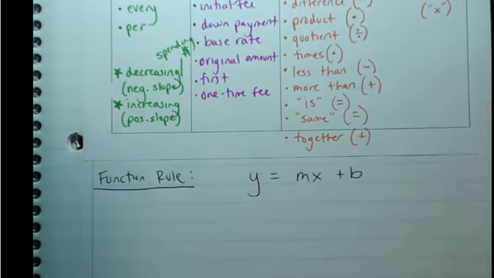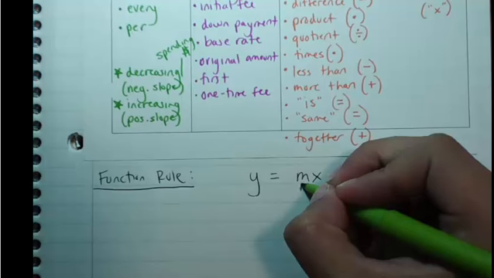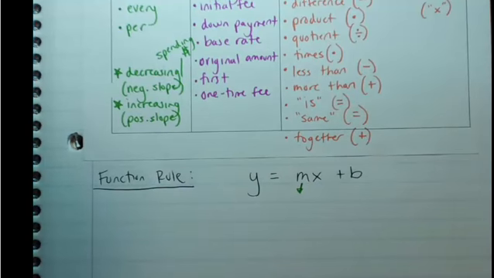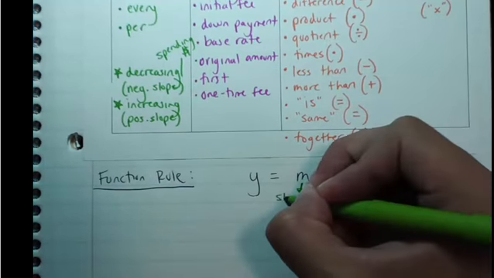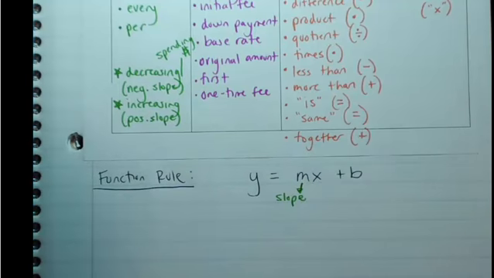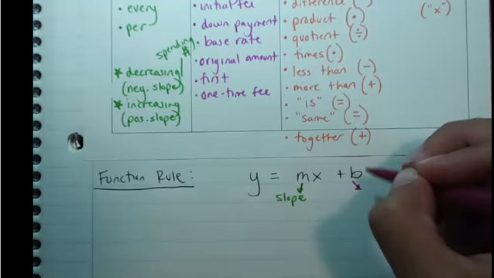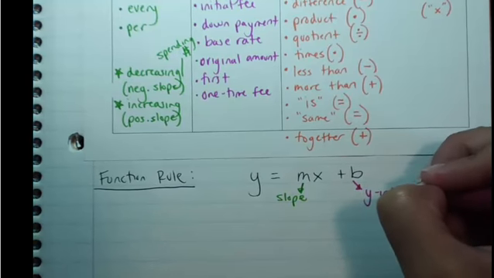This is the function rule that we're going to be focusing on now. And if you recall what these represent, you can look in your formula chart if you need to. What does the m represent? This is our slope or rate of change. And the b represents our y-intercept.